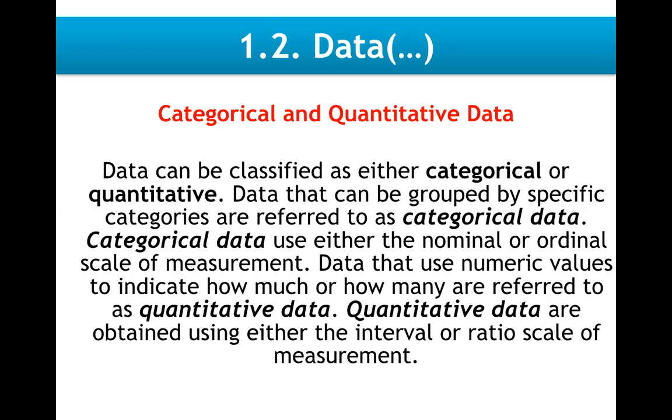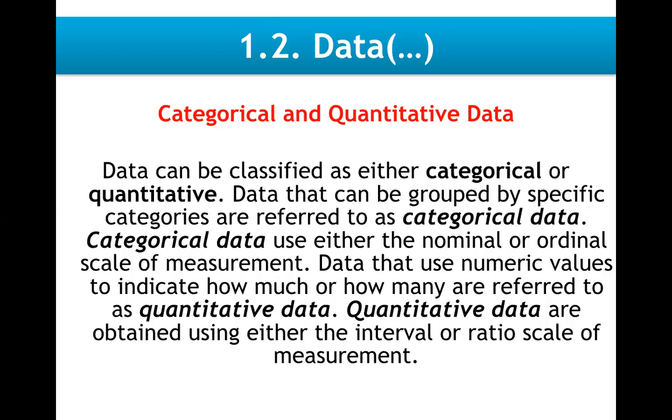Quantitative here means numerical. Data that can be grouped by specific categories, qualities, are referred to as categorical data, or once again, qualitative data. Categorical data use either the nominal or ordinal scale of measurement. It's quite important to remember this once again.